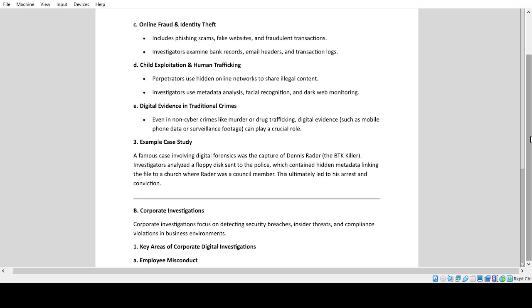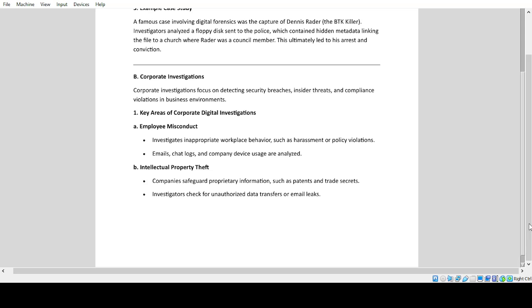Investigates inappropriate workplace behavior, such as harassment or policy violations. Emails, chat logs, and company device usage are analyzed. B. Intellectual property theft. Companies safeguard proprietary information, such as patents and trade secrets. Investigators check for unauthorized data transfers or email leaks.